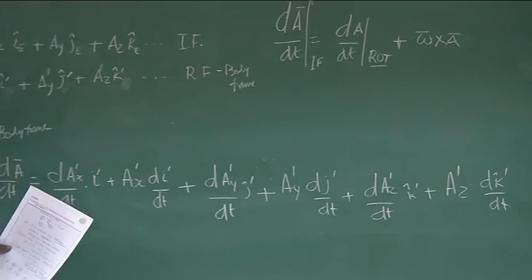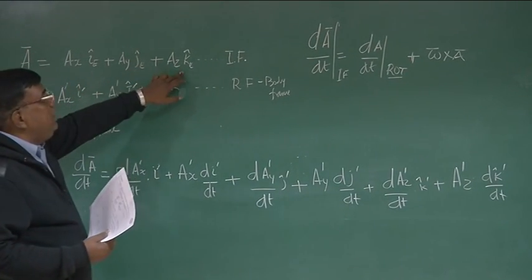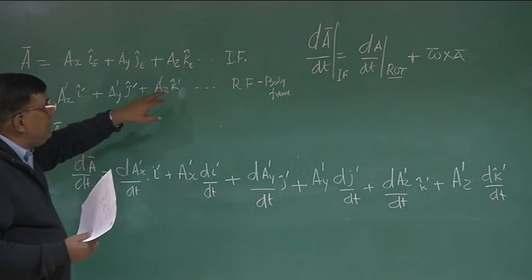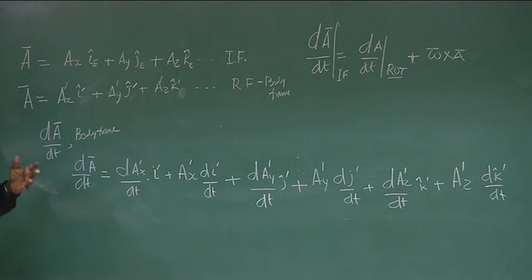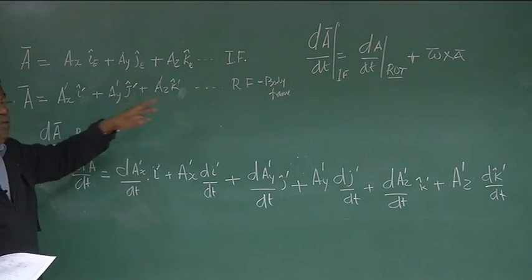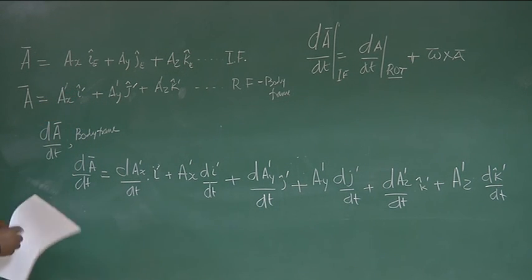All the terms are here. Initially I, E, J, E, K, E were the unit vectors in the earth fixed reference. I prime, J prime, K prime are the unit vectors in the body frame reference. Initially, I wrote here I, E, J, E and K, which is absolutely wrong, because the unit vectors are different. Right?